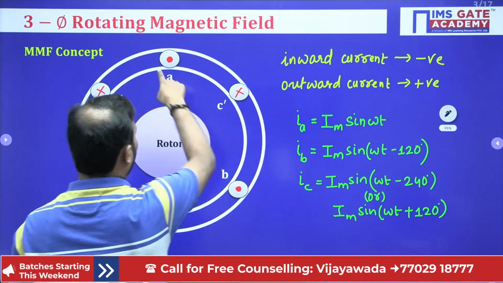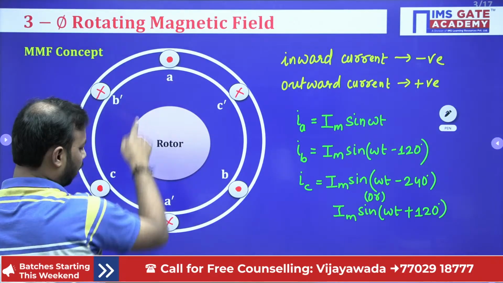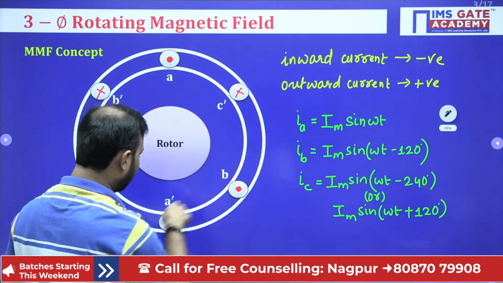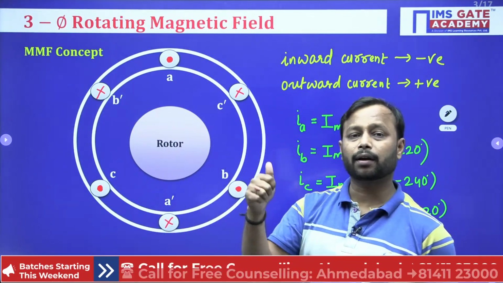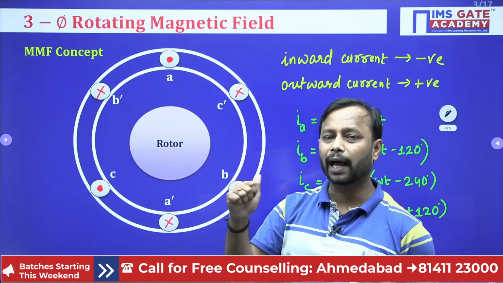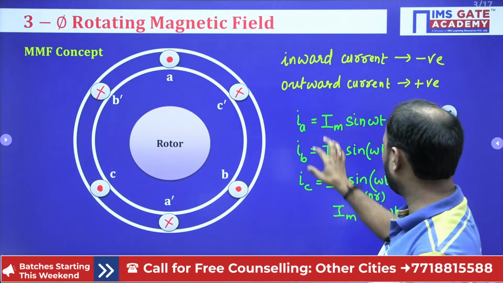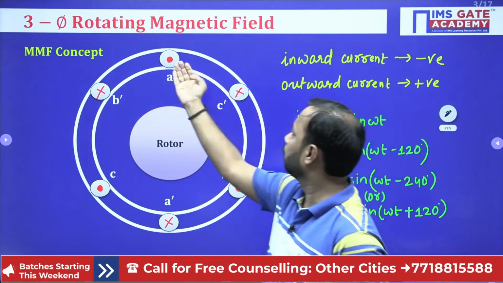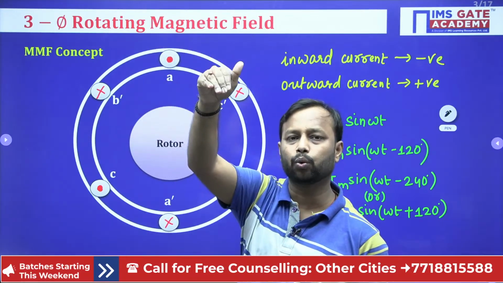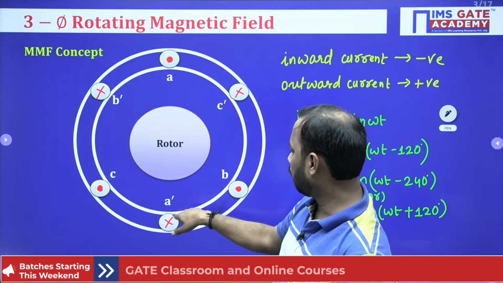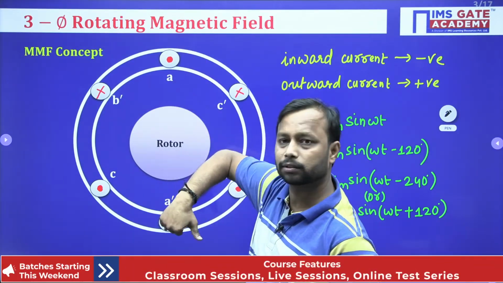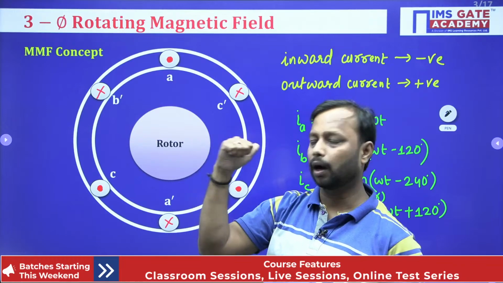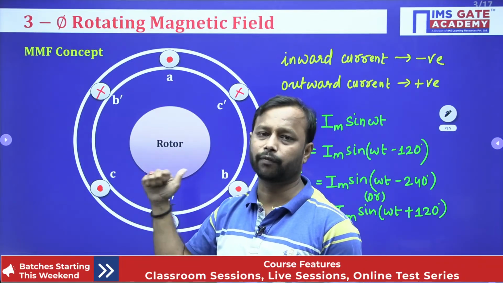So this IA current will be here, and the same current will be entering into the board. So by using the Fleming right hand palm rule, what will be the direction of magnetic field from this IA current? See, from IA it is coming outward, and from A dash it is moving inside the board. So like this. So the thumb will represent the direction of magnetic field. All right.